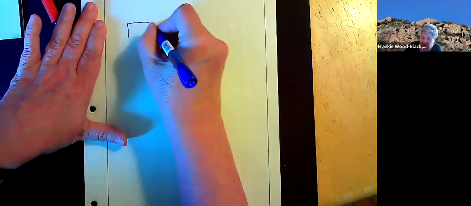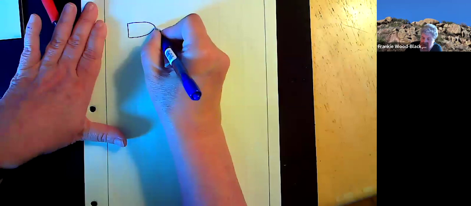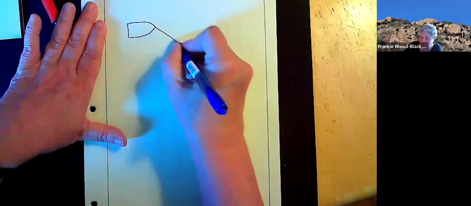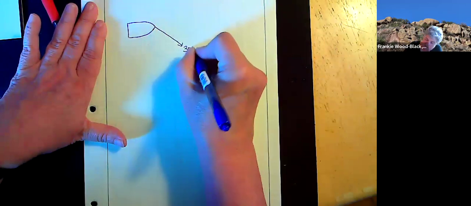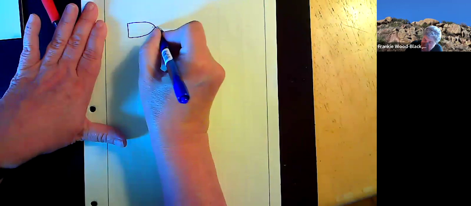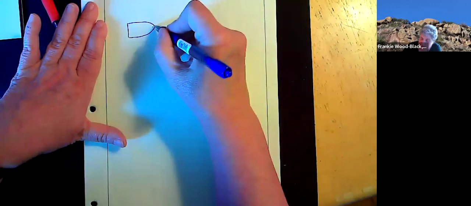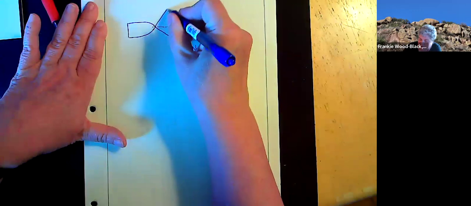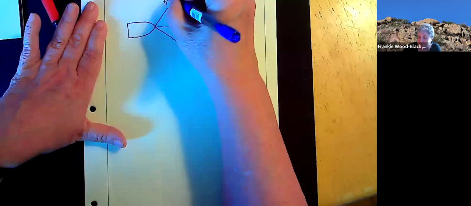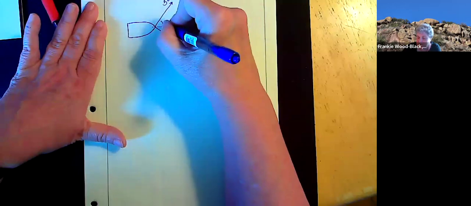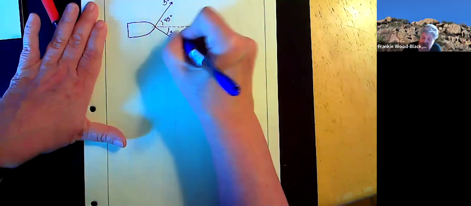So I have a boat here. And we have a force on the boat, and this is a force of 30 newtons. And then we have a force of 50 newtons, and this is 45 degrees, and this is 30 degrees.